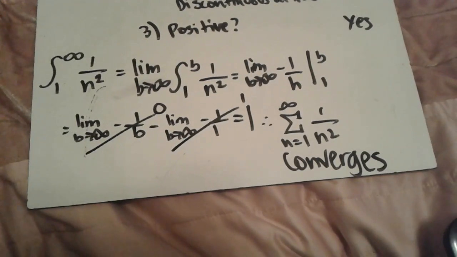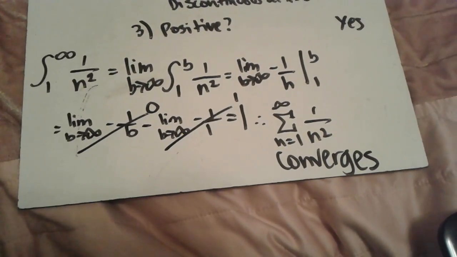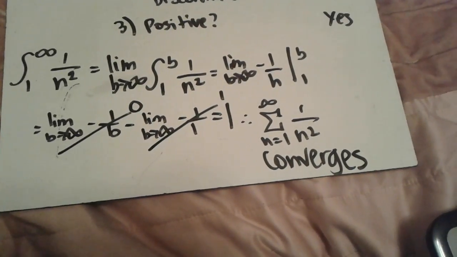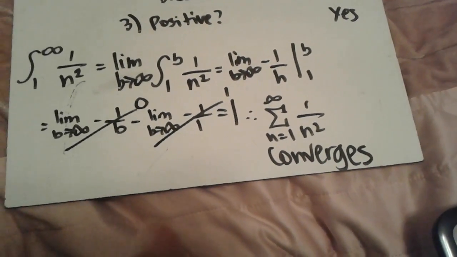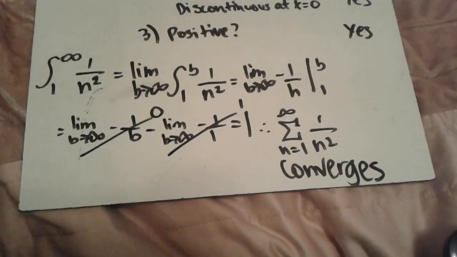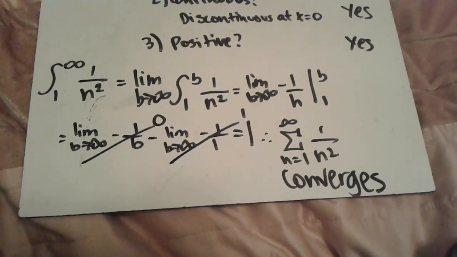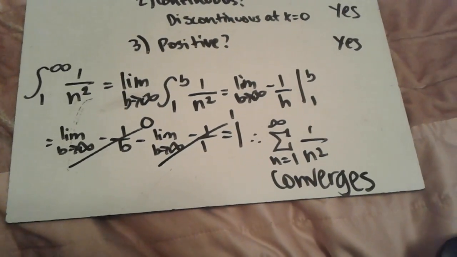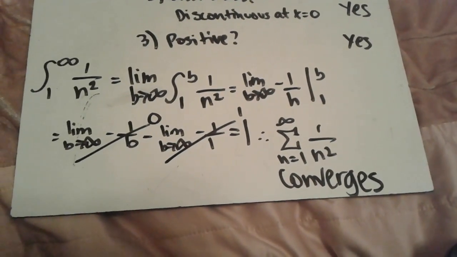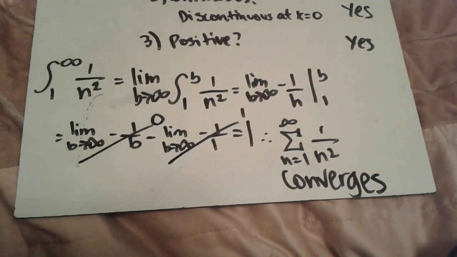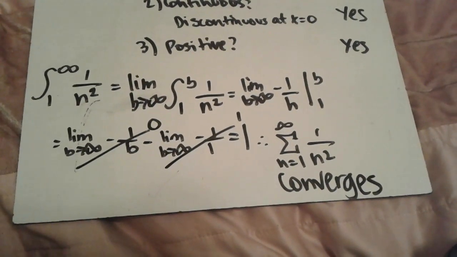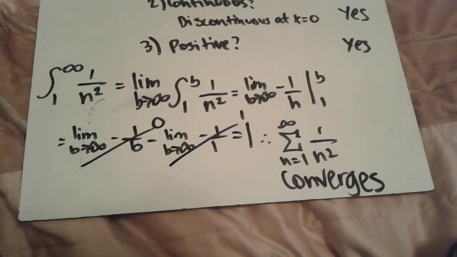Then you subtract the limit as b approaches infinity of negative 1, and that would be negative 1, but the negative up front from the subtraction creates a positive 1. And so this gives you the ending conclusion that the sum from n equals 1 to infinity of 1 over n squared converges.